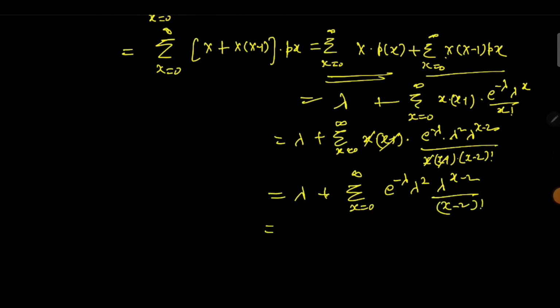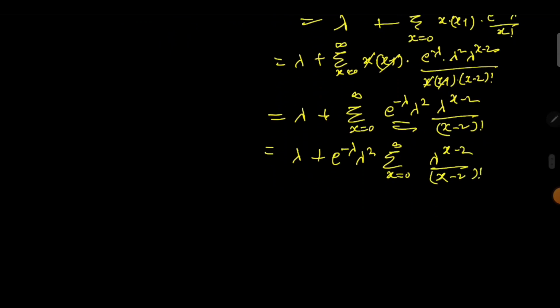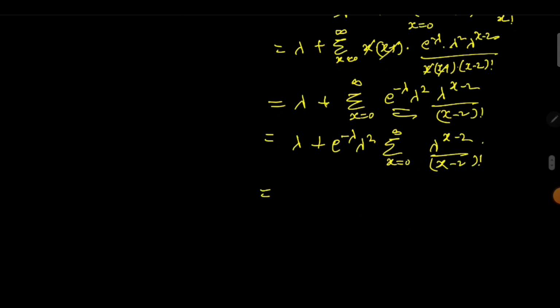If we take the common terms out, we get lambda plus e to the power minus lambda, lambda square, and then the sum of lambda to the power x minus 2 divided by x minus 2 factorial. Again this yields e to the power lambda. So we get lambda plus lambda square e to the power minus lambda into e to the power lambda, and these cancel, so we get lambda plus lambda square.